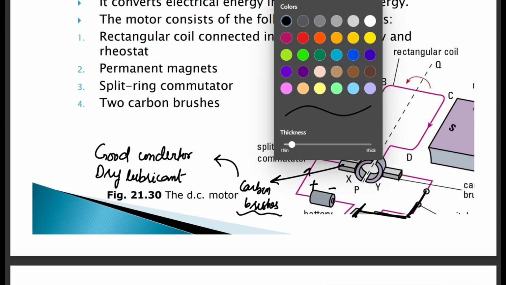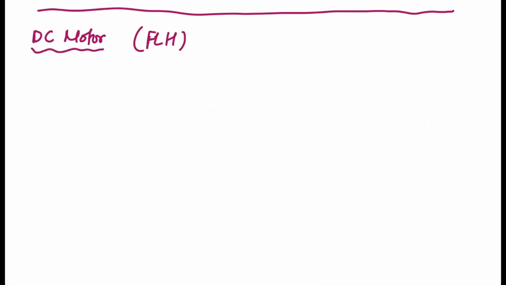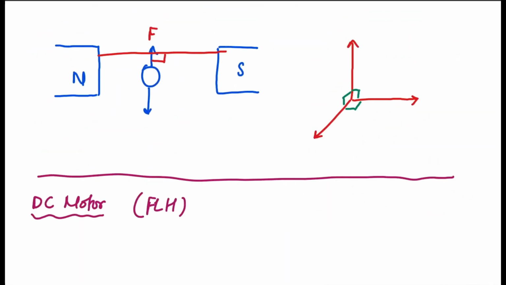And why do we need minimal friction? The reason is that when the current passes through this conductor, AB on this side and CD on this side, then, as we did yesterday, if a current-carrying conductor is placed in a magnetic field, it will experience a force.